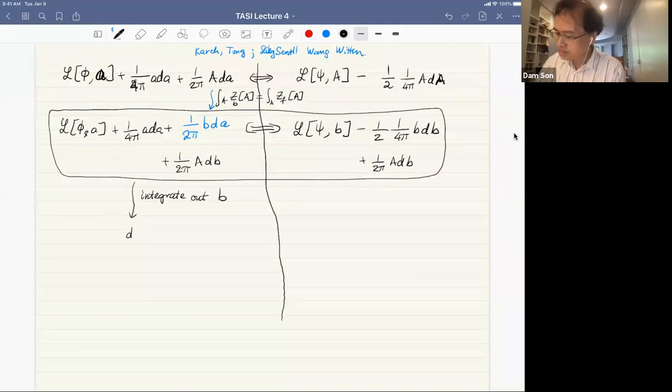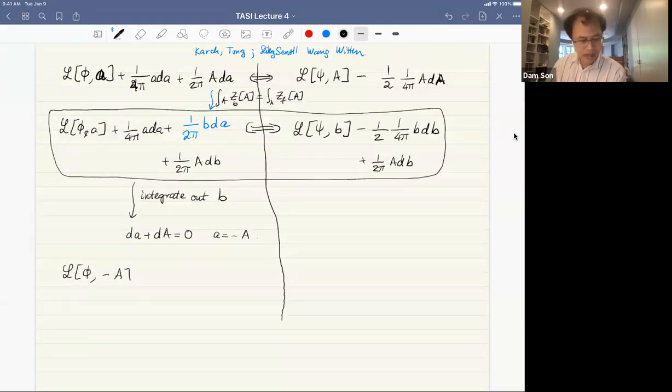Since B appears in linear order in the action, we have just dA plus dA equal to 0, or A equal minus A. So after integrating out B, the left-hand side will be phi coupled to minus A, basically, plus 1 over 4 pi AdA.